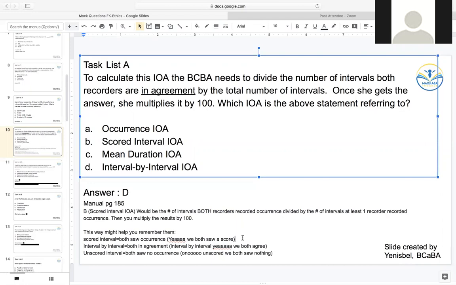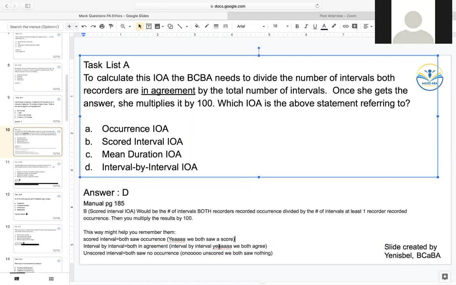Is that right? Yes. So interval by interval is that they both agree. Correct me if I'm wrong, but from what I understand, they both agree in the sense that they both marked yes, we saw it, or they both marked no, we didn't see it. Yeah, it's absolutely like that. So both agree on the occurrence and on the non-occurrence. Correct.